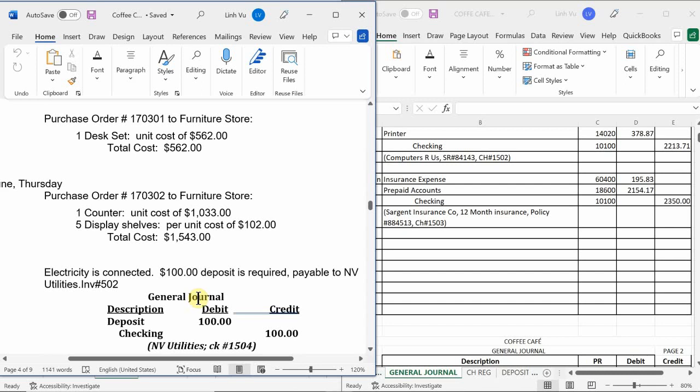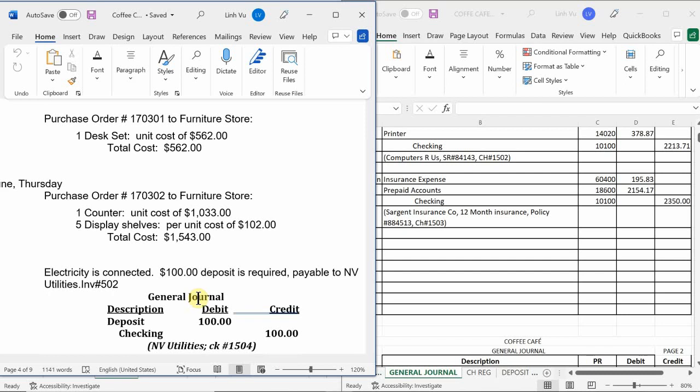So then, next thing that we have here is electricity is connected. $100 deposit is required, payable to NV Utilities. Okay, invoice number 502. So what happened here?